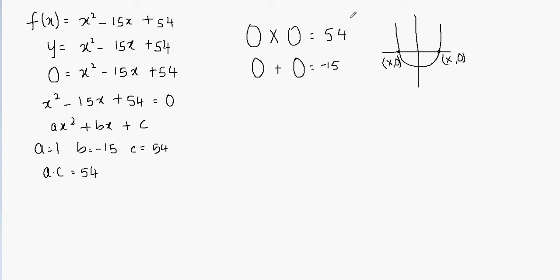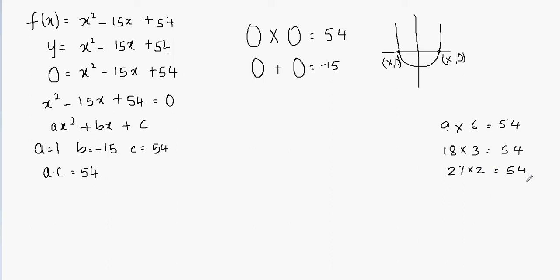Okay, now let's write down the factors of 54. The factors of 54 are, let's say 9 and 6, because 9 times 6 is 54. And then 18 times 3 is 54. And then 27 times 2 is 54.